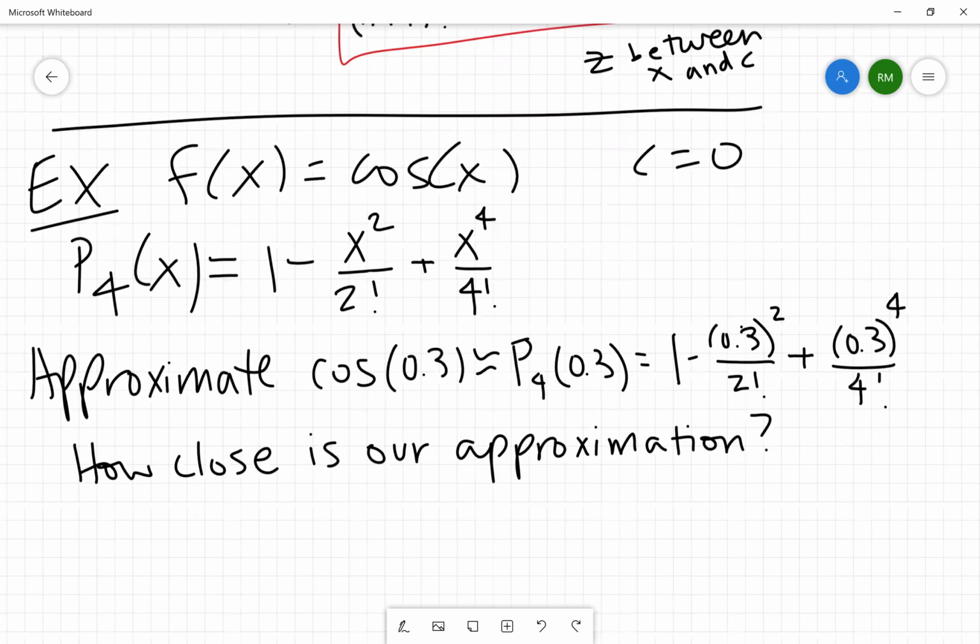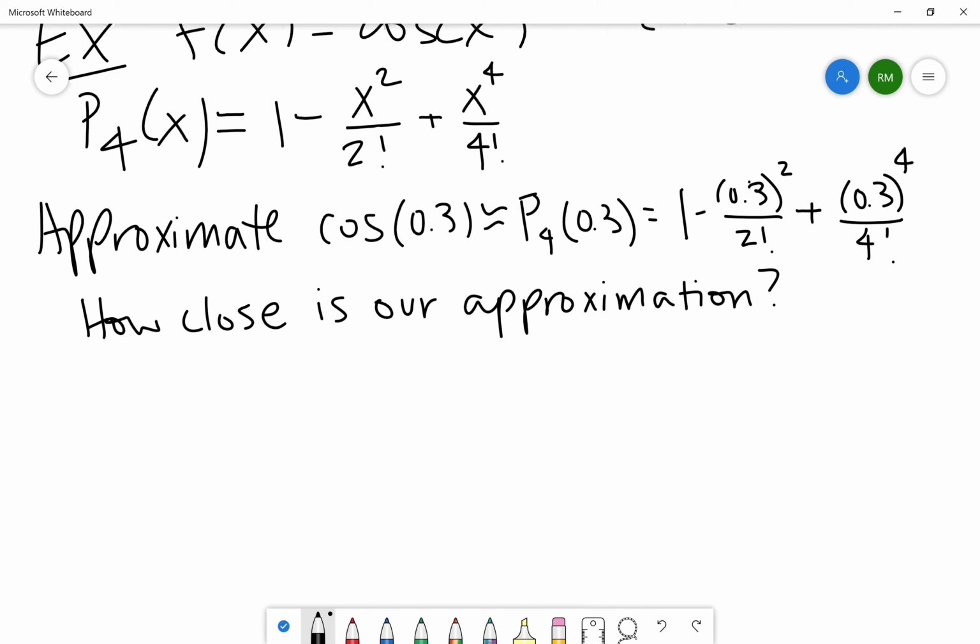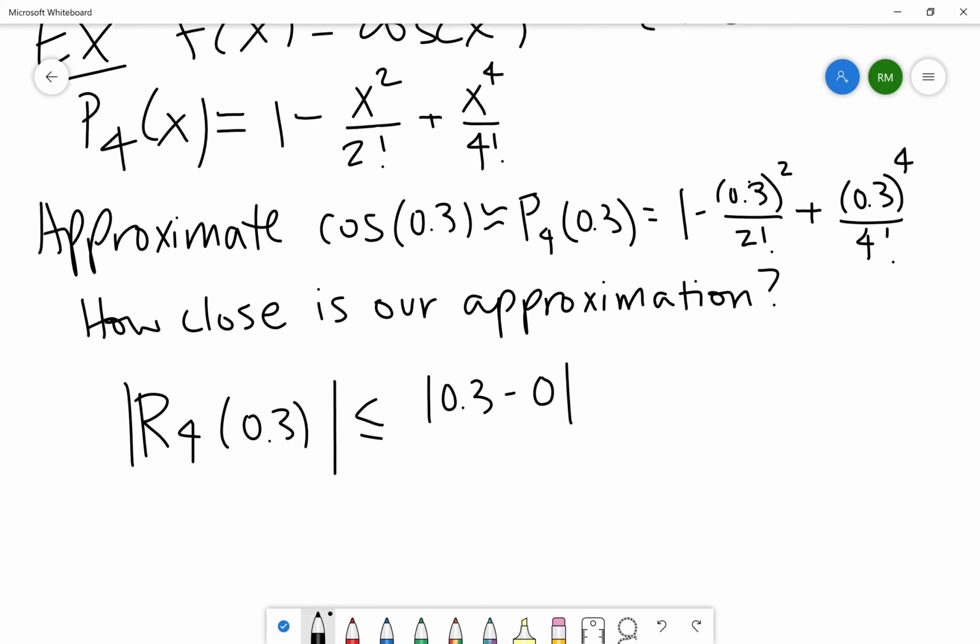So we know that our error, or our remainder, for this value, so that is if we plug in 0.3, is less than or equal to 0.3 minus c, which is 0, to the n plus 1, so that's 4 plus 1, over 4 plus 1 factorial times the max of f^(n+1).